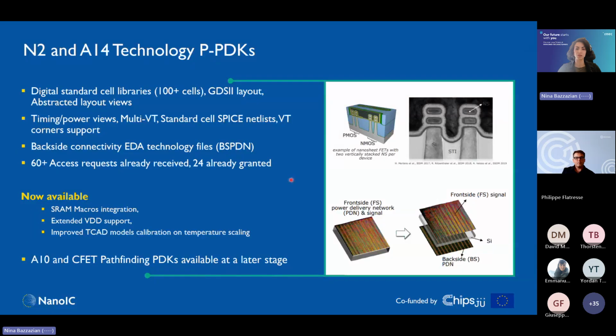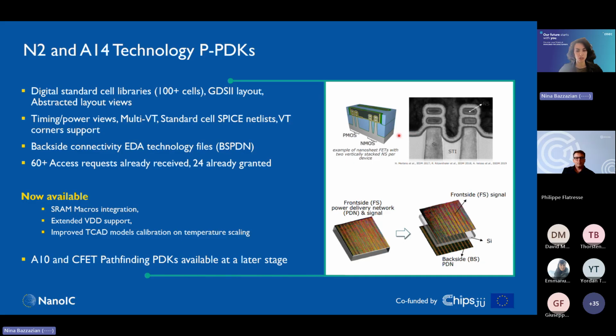Here I would like to provide an overview on what we have developed in the recent years for advanced logic. Today, our 2-nanometer platform is based on the nanosheet gate-all-around transistor, as you can see here on the cross-section on the right-hand side.